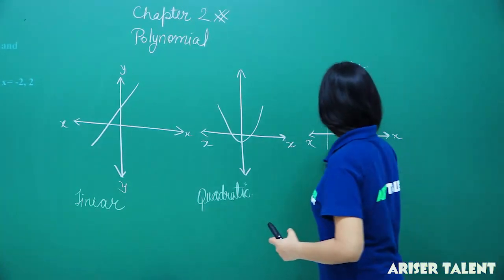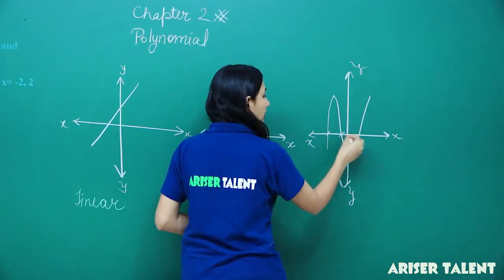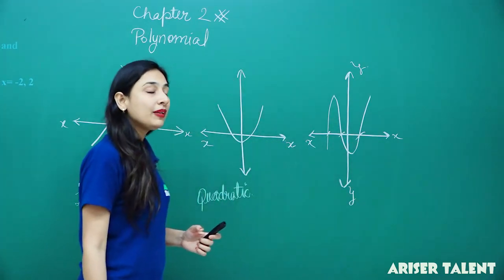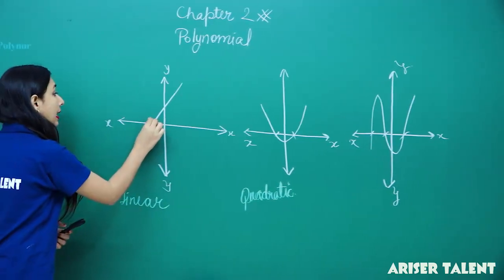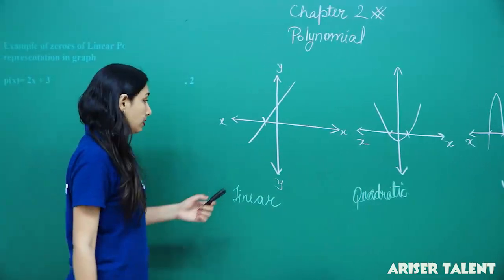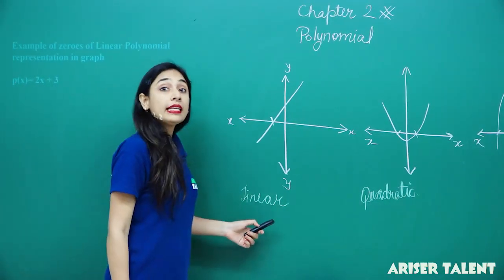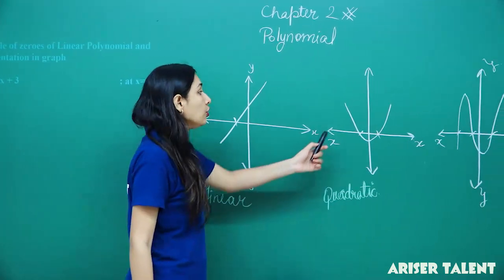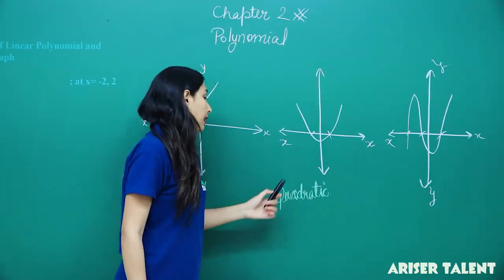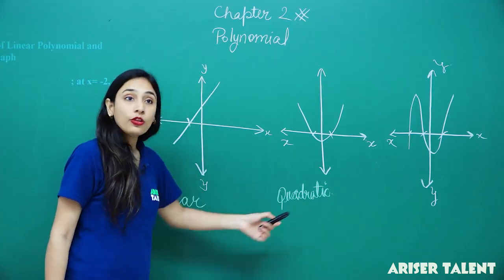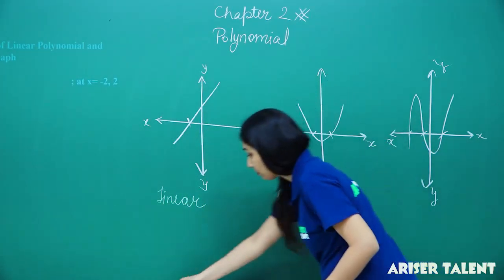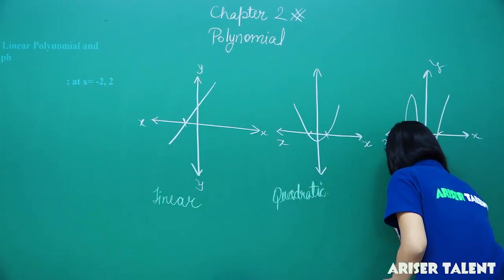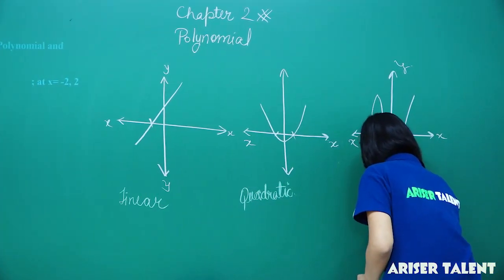So it was cutting the x-axis at 3 places, at 2 places, and at 1 place: 1 place in case of linear polynomial, 2 places in case of quadratic polynomial, and 3 places in case of cubic polynomial, right?